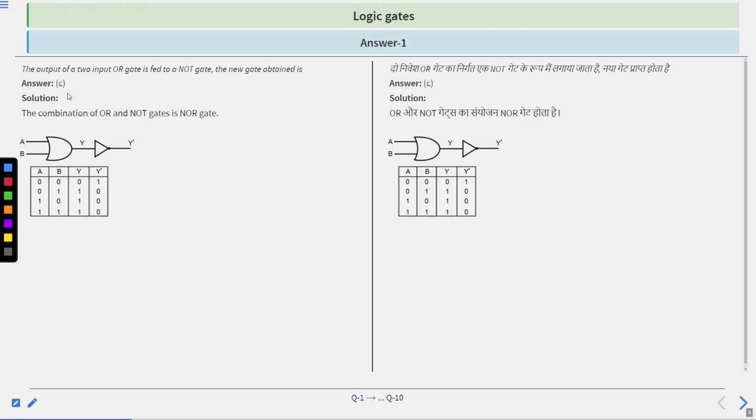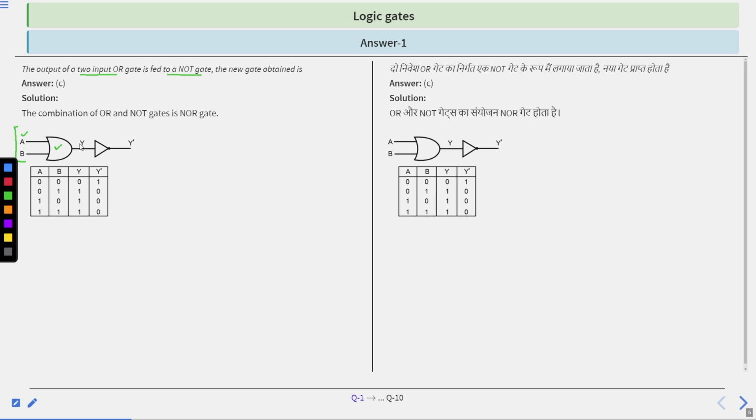So this is the question where a two input OR gate is fed to a NOT gate. According to the question, the diagram is this. Here the number of inputs is 2, A and B, and this is an OR gate. The possible combinations for the inputs A and B are 00, 01, 10, and 11.